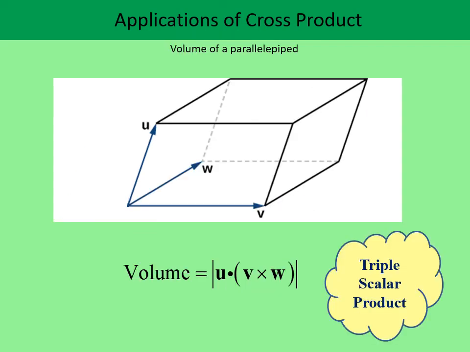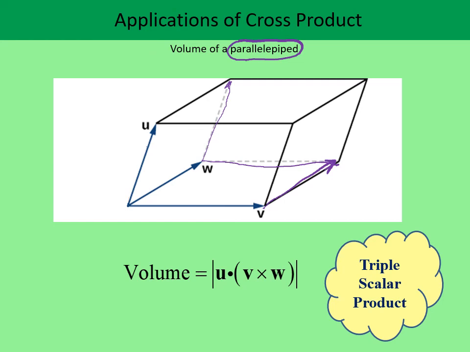If we have three vectors, and we draw vectors here that is parallel to v, and one here that is parallel to u, and then this last one out here that is parallel to w, then we have what's called a parallelepiped.